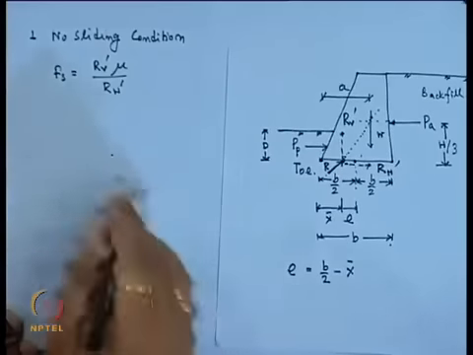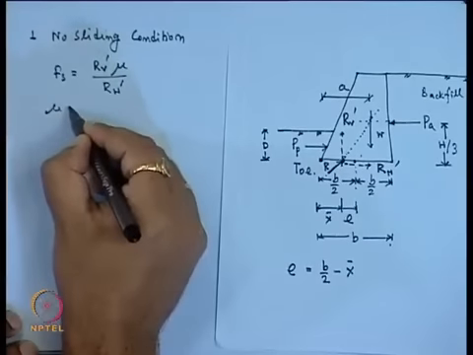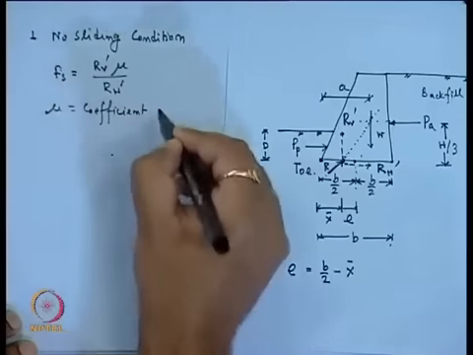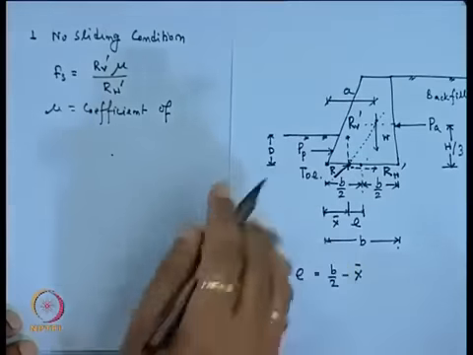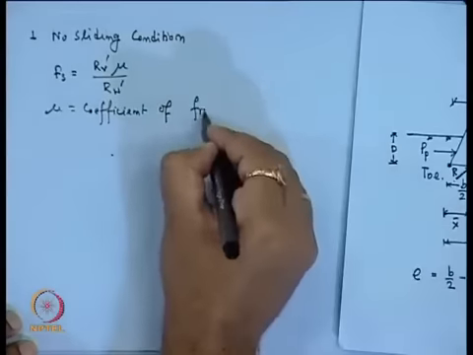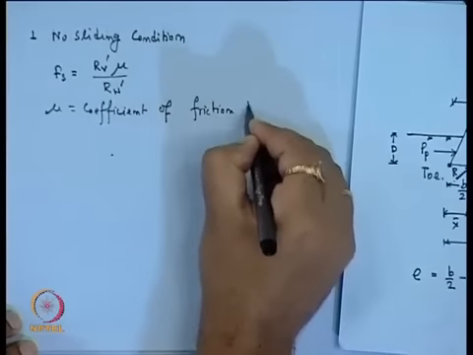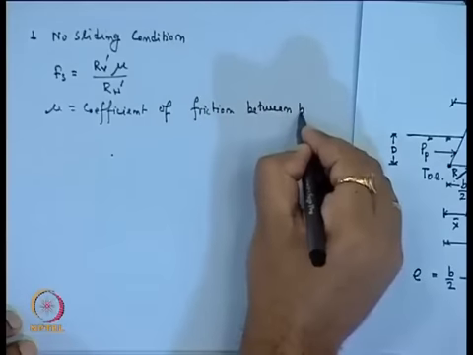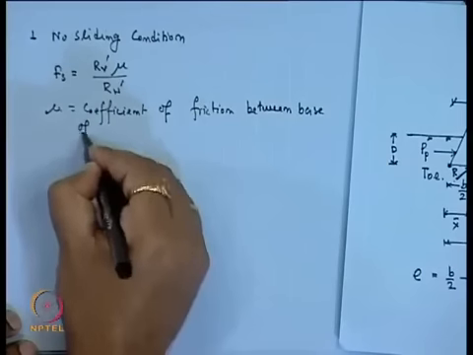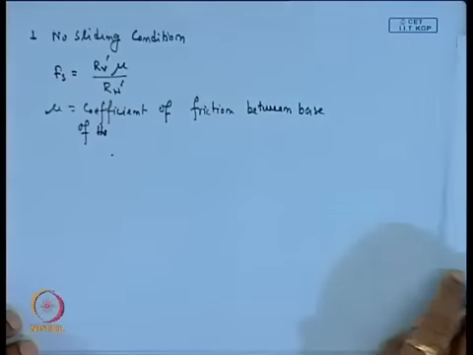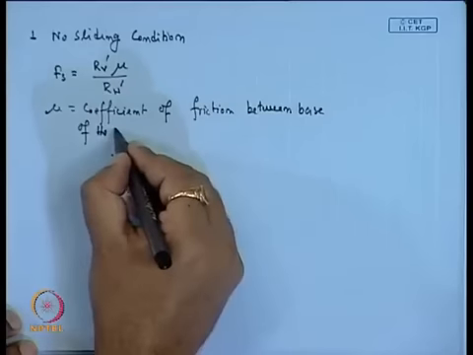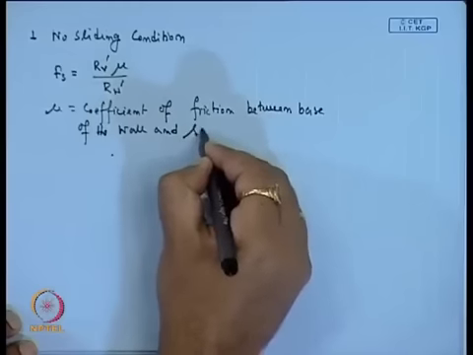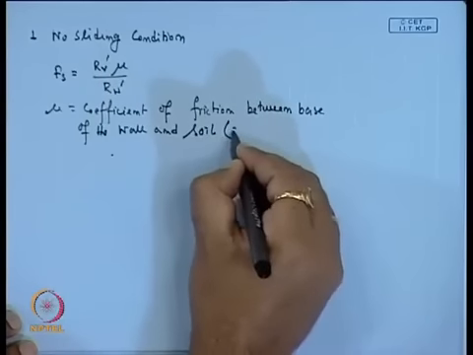Where mu is the coefficient of friction between the base of the wall and soil, or you can write it as tan delta.